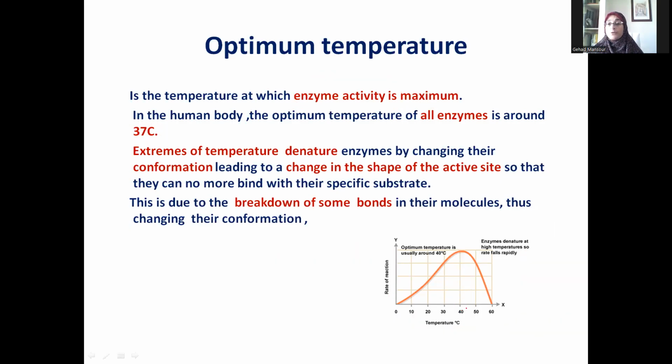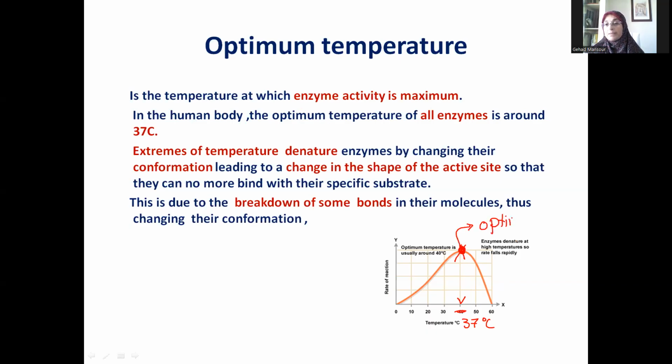If this were a graph that represents enzyme activity, the relation between temperature and enzyme activity in a human being, then when we drop a perpendicular from that maximum activity of the enzyme to the bottom, it should reach 37 degrees Celsius. Okay, so this point at the peak of the curve represents what?